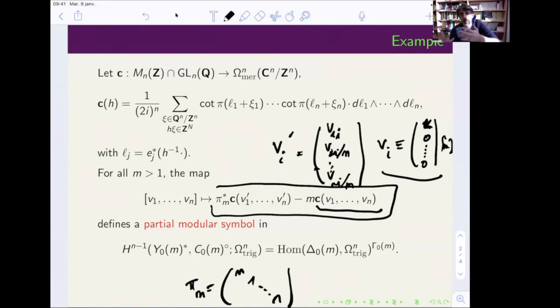But that's something I would like to pursue at some point. But yeah, I don't know exactly what answer you want.